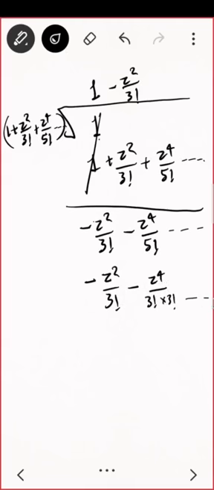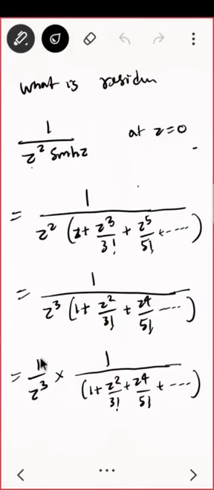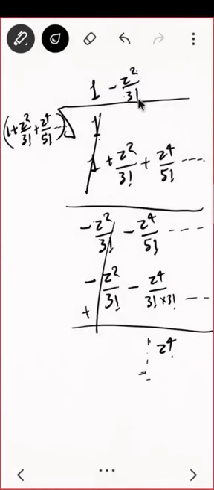Whatever comes, something will come. So this cancels, and from here z raised to 4 common, it will be 1 upon 5 factorial and 1 upon 3, but I don't actually need whatever coefficient comes here. For my question, 1 upon z cube is already outside, and from this would be something like 1 minus z square upon 3 factorial plus something. I don't care, first of all.